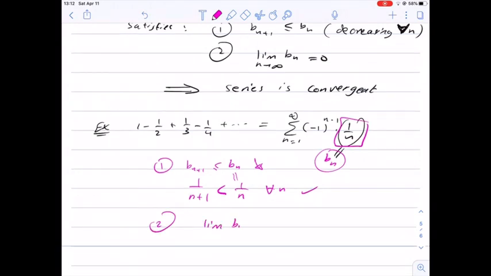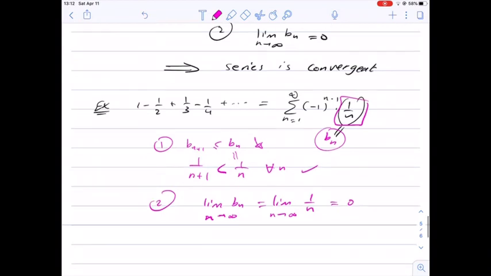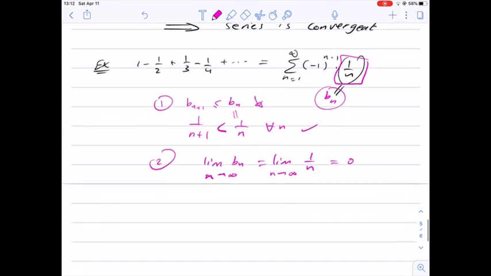Now the second condition is that the limit of Bn as n goes to infinity should be 0. Now the limit of 1 over n as n goes to infinity is 0. 1 over infinity is 0. So the two conditions are satisfied.